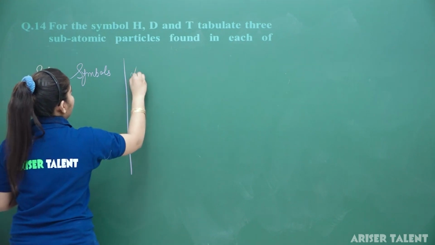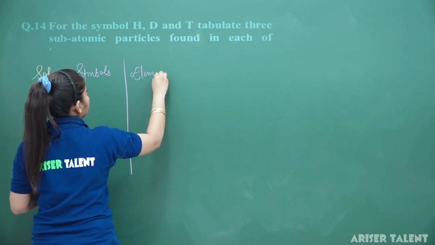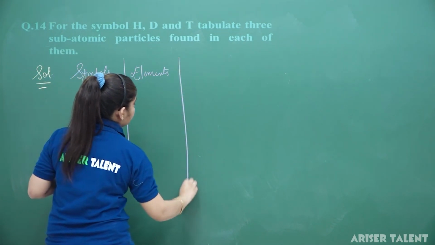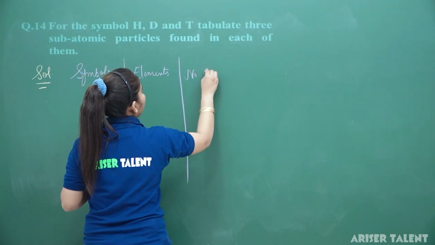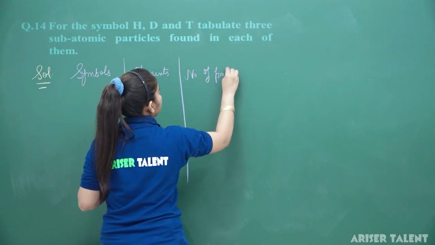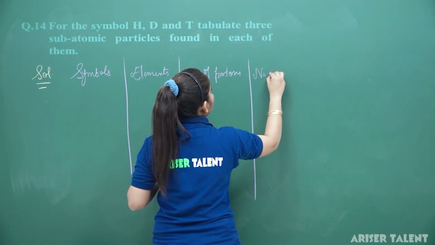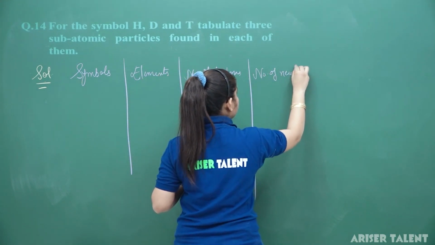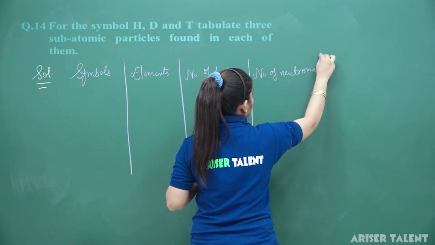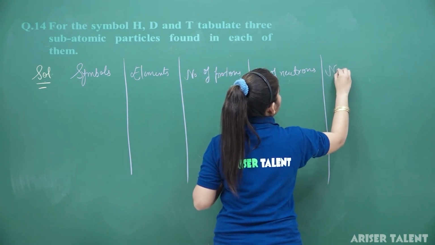Second, we will write elements. Number of protons, number of neutrons and number of electrons.